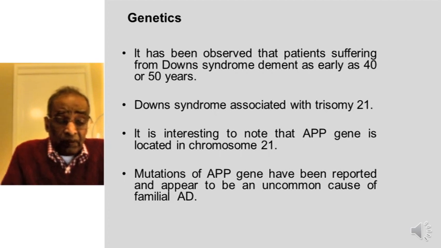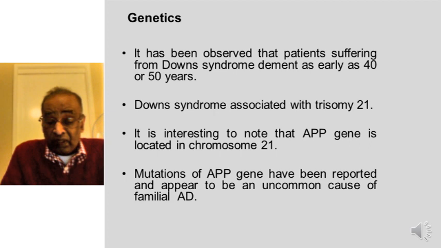The gene for gamma secretase is called presenilin-1. The mutations here are held to be responsible for more than 50% of early onset Alzheimer's.